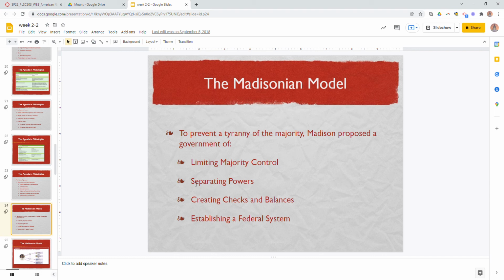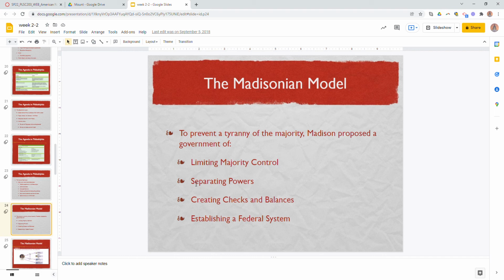A republic is where you elect representatives. Those representatives then have the independence to make laws that we follow. A democracy is the idea that everyone votes on everything, and in those situations it could be just as tyrannical as a monarchy or a dictatorship, because we could take away your rights by majority vote.